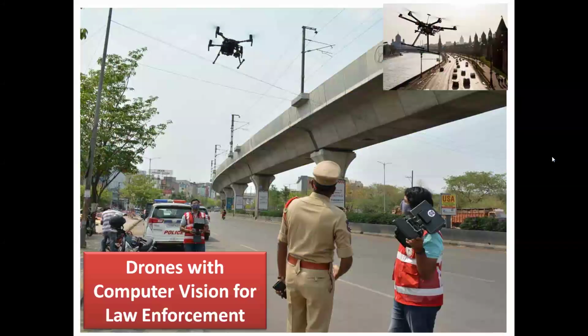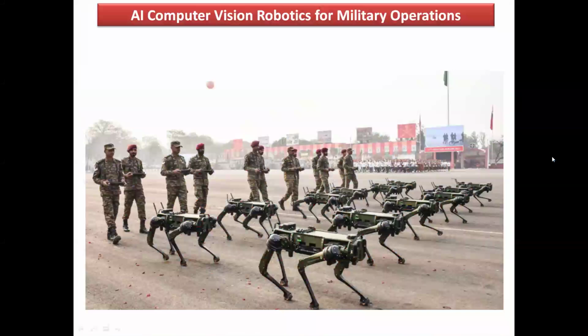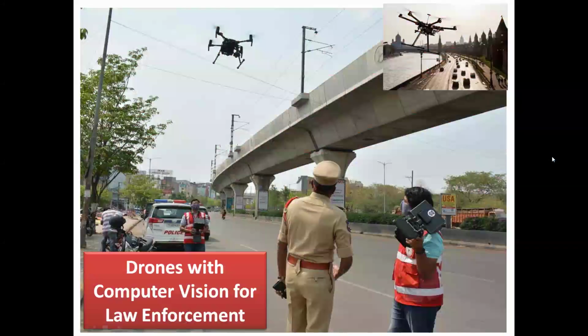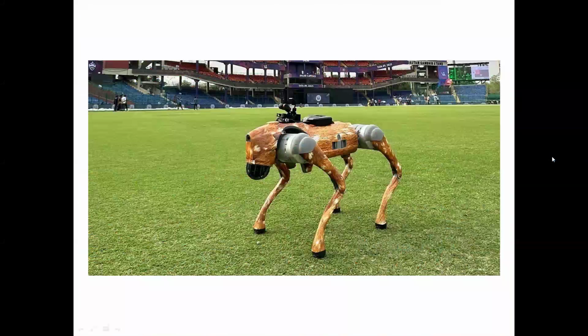Now, for example, we want to work on a drone based application or a robotic dog. In that case, how is it possible to train each and every object in a particular database, in a particular model? Different types of trees, different types of human beings, different heights, different types of obstacles, how is it possible?